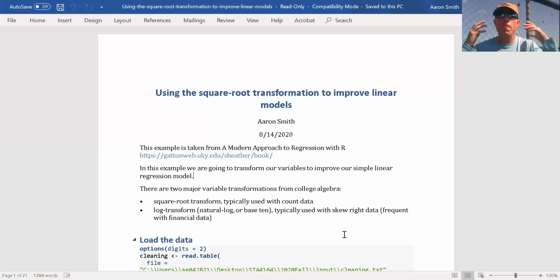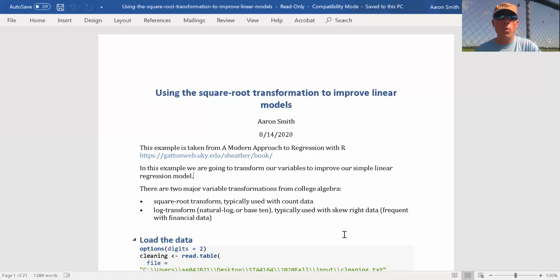Any mathematical function, any function from college algebra, where I have one input and get one output, could potentially be used, but there are some that statisticians before us have identified as being more useful than others. The two most common ones are the square root transform and the log transform.